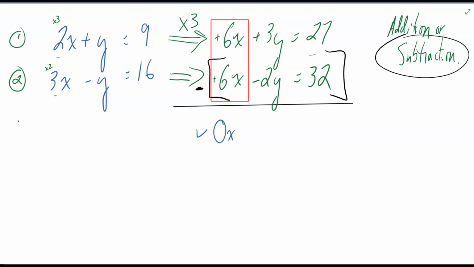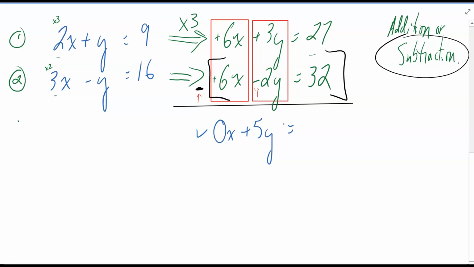Now we need to do the same thing for the other two. So watch the signs. This is a little bit tricky. Plus 3y subtract negative 2y. So that's plus 3y plus 2y is 5y.